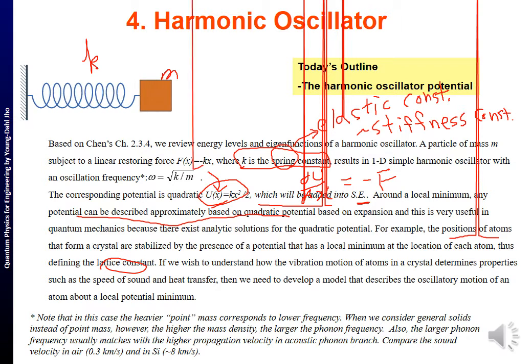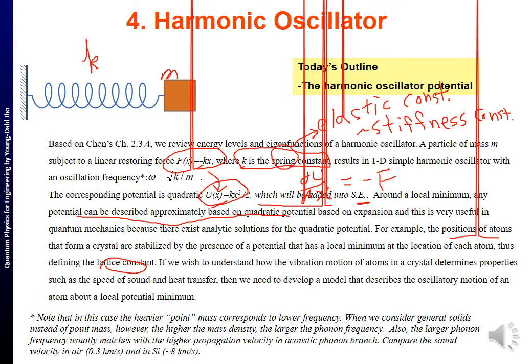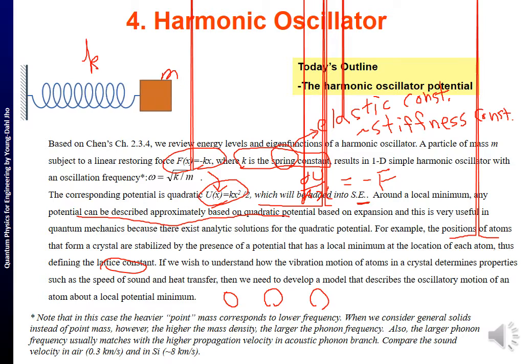So this is actually a simplified picture of general atomic structure. In the case of atoms, not just one point mass, there are extremely many atoms connected with some elasticity between atoms.